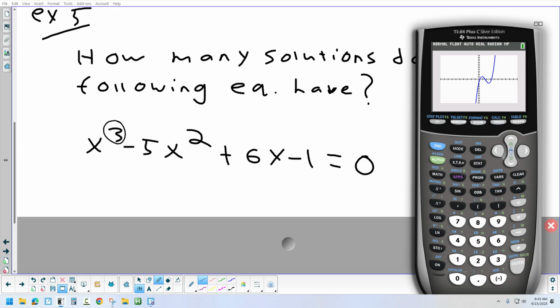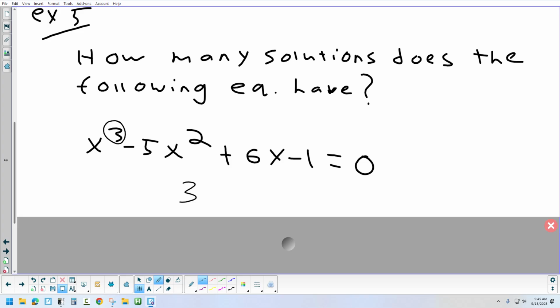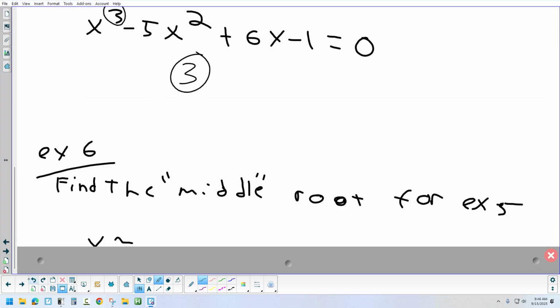It does have 3. Now, technically, it always has 3. It's just that sometimes the other answers are imaginary. So for now, when I ask you how many solutions it has, and we say it could have as few as 1, I mean 1 real. If it had 1 real, the other 2, which are there, are imaginary. But we're focusing on real numbers right now. So it has 3.